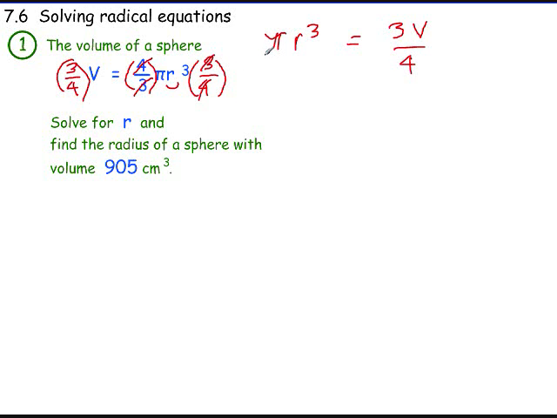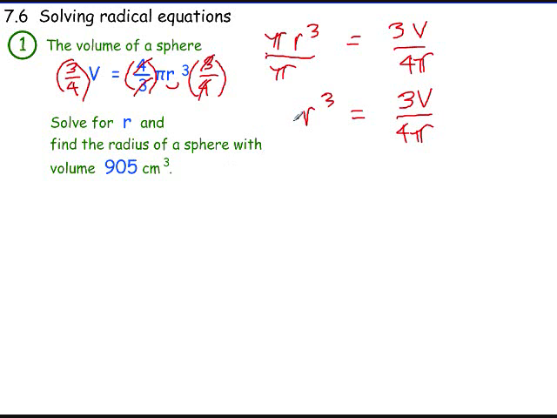What else do we notice? This is being multiplied by pi. So to isolate the r, we're going to divide both sides by pi. This will become 1. And I'll have r cubed is equal to 3V divided by 4 pi.